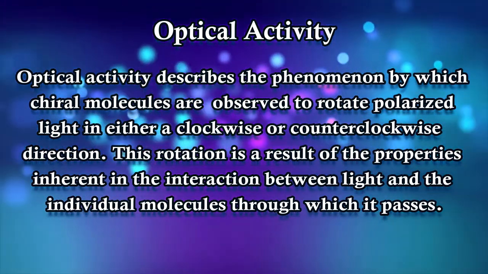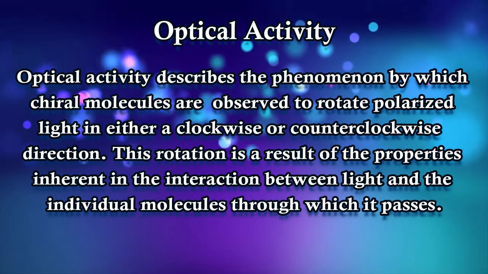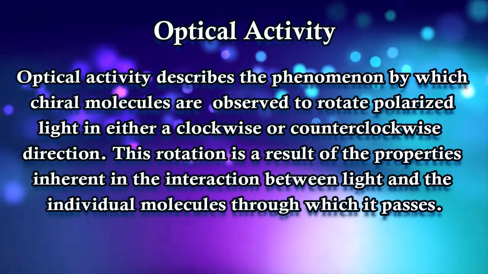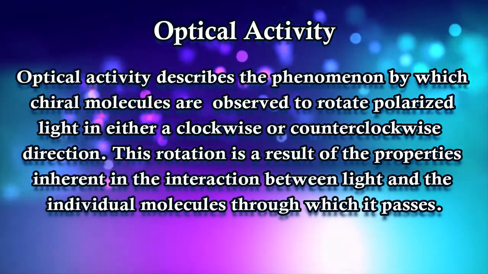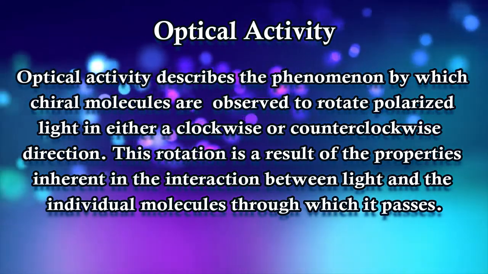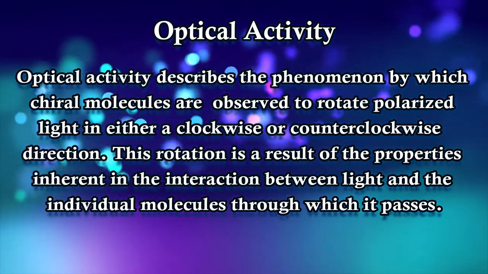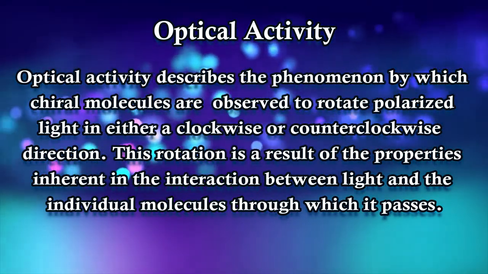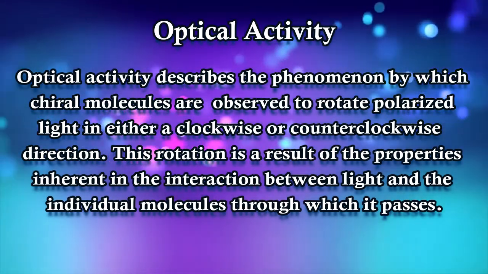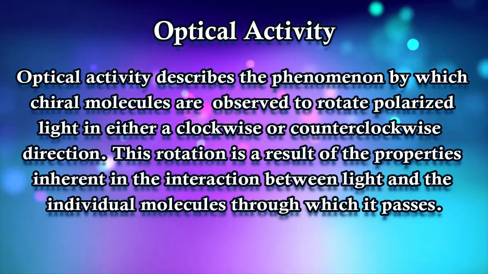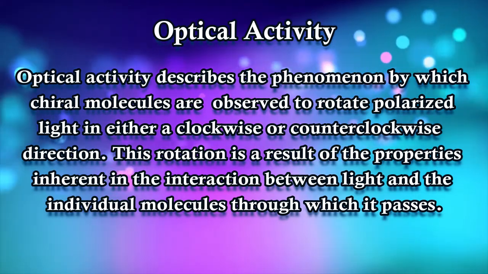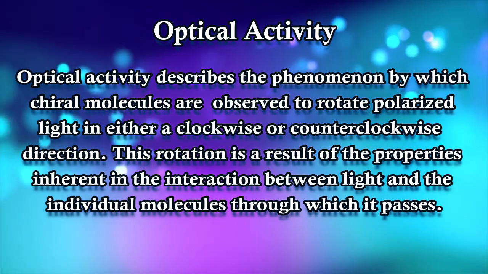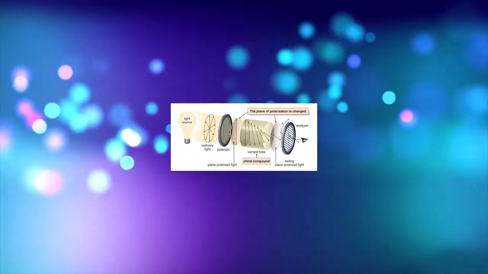So these chiral molecules will interact with the plane polarized light and will result in the rotation of that light. So this phenomenon is called optical activity, and this optical activity will be observed by using a polarimeter. Now what is a polarimeter and how it works, that we will discuss later in this lecture.